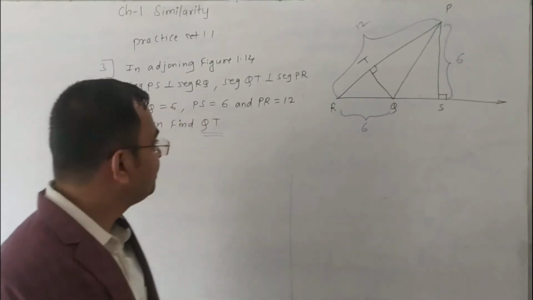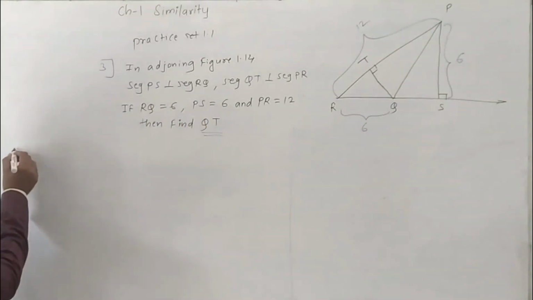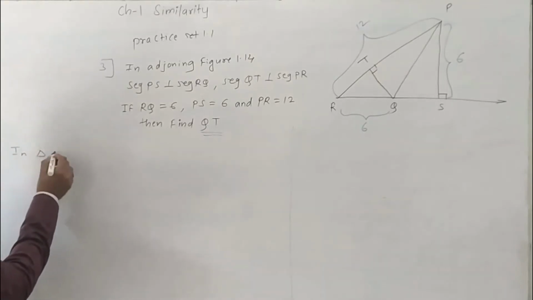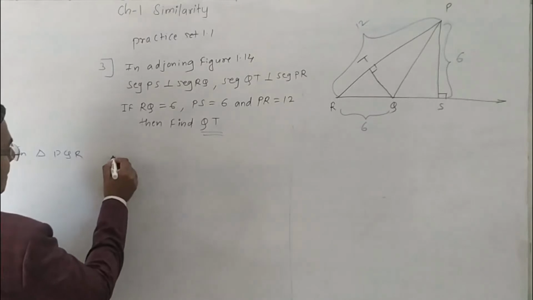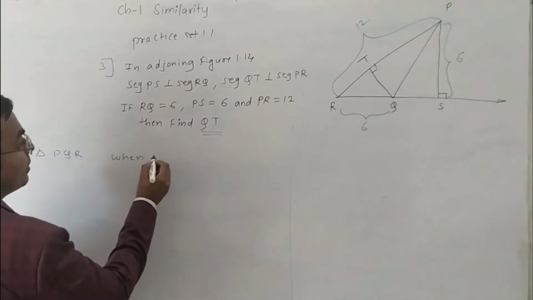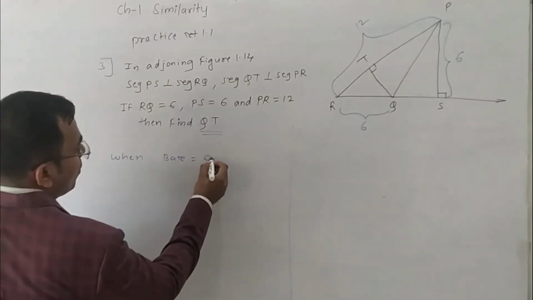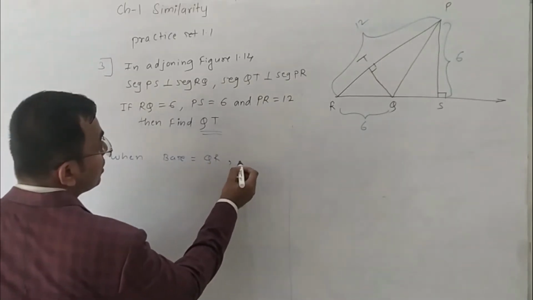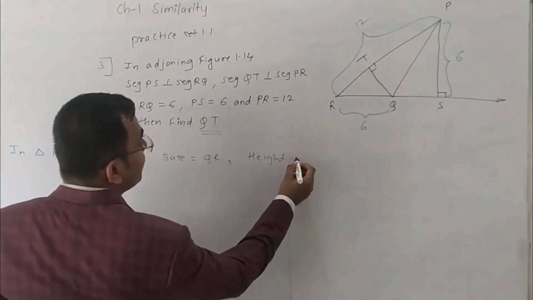So in triangle PQR, when base is equal to QR, height will be PS.